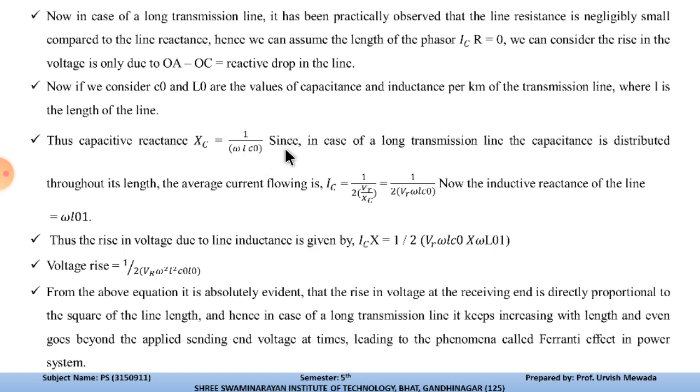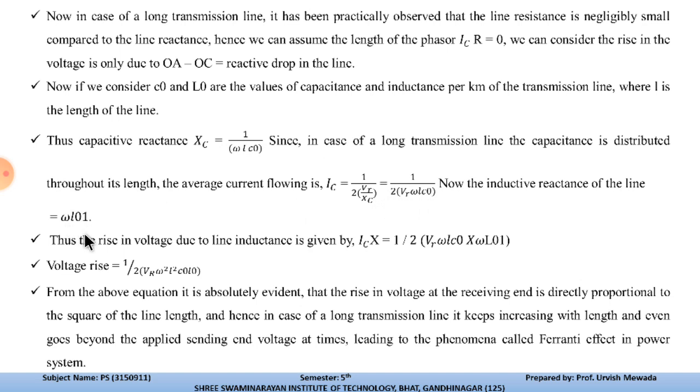Since in a long transmission line the capacitance is distributed throughout the length, the average current flowing is IC equal to 1 upon 2 into omega VR by XC. Putting in the value of XC, this becomes 1 upon 2 VR omega L C0.